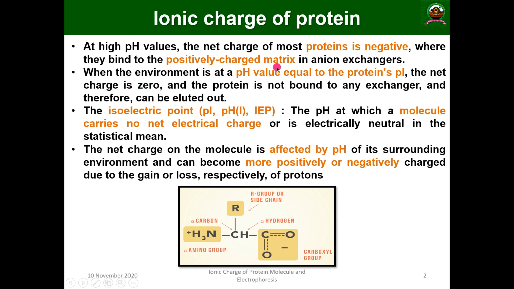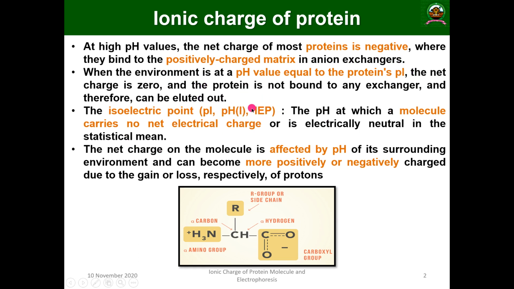When the pH is equal to the Pi of the protein, the net charge will be 0, and in that condition the protein will not bind to any exchanger, thus the protein can be segregated. This Pi is known as the isoelectric point, the term we use: pH I or IEP.